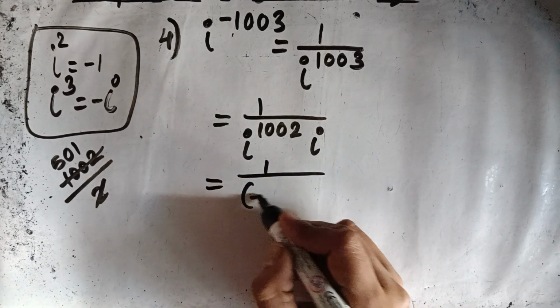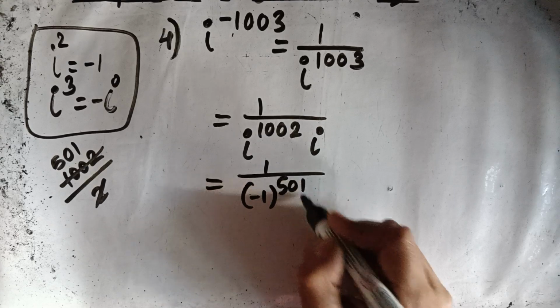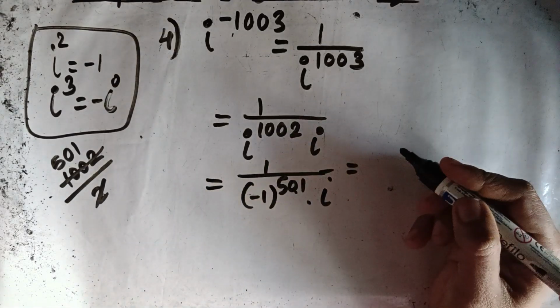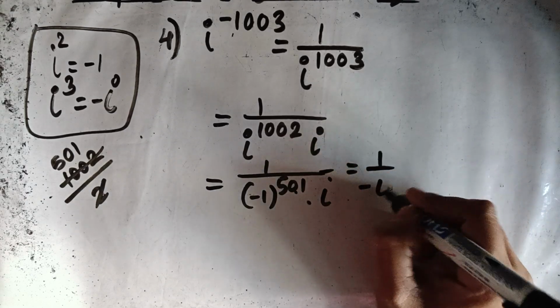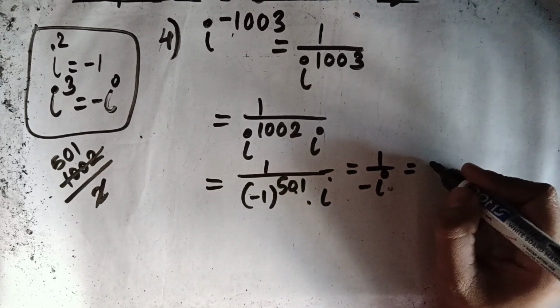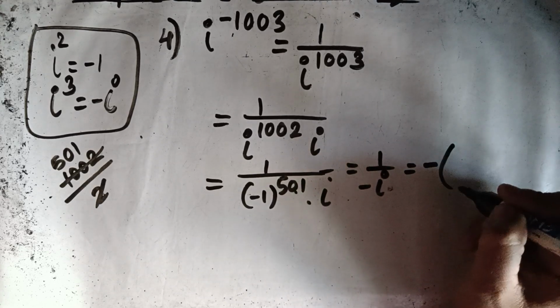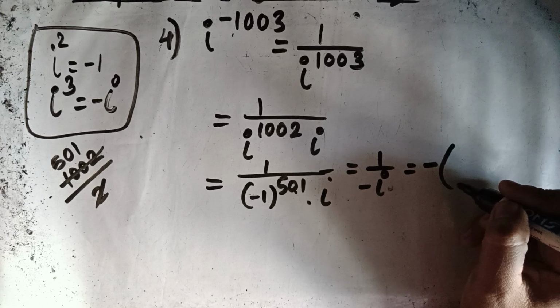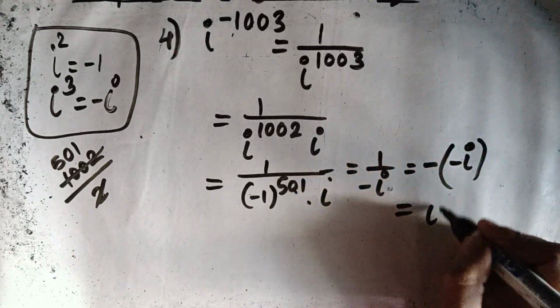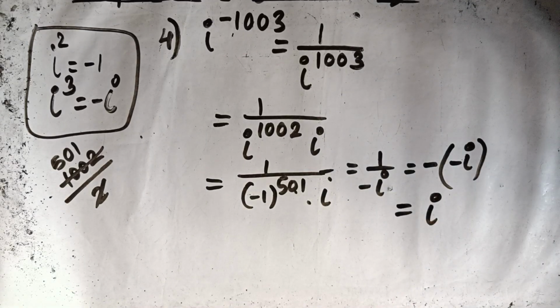So minus 1 raised to 501 into i. So this is again an odd number. So minus 1 upon minus i. 1 upon i is what? This minus I'll keep outside. 1 upon i is minus i. So this is plus i.